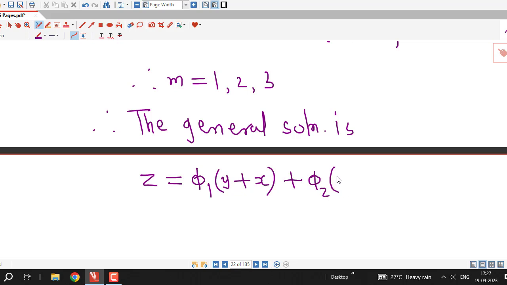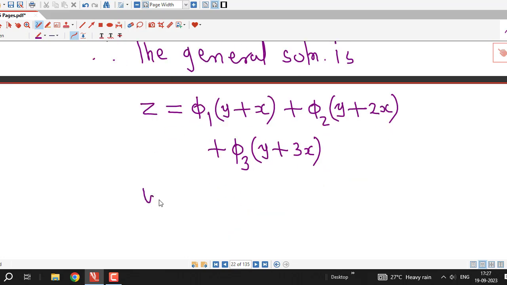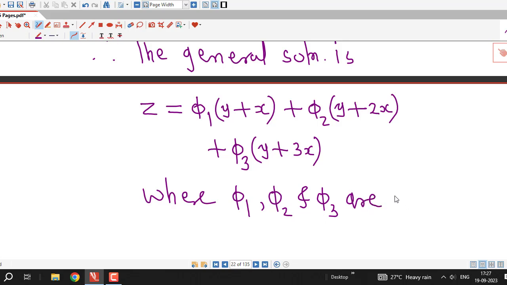Another arbitrary function of y plus mx: if we take m equal to 2, we have y plus 2x, plus arbitrary function of y plus mx corresponding to m equal to 3, and these phi 1, phi 2, phi 3 are arbitrary functions of this y plus mx.